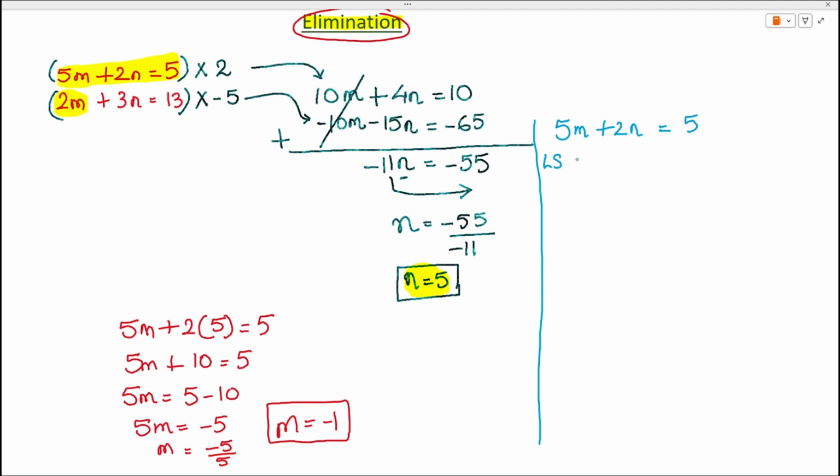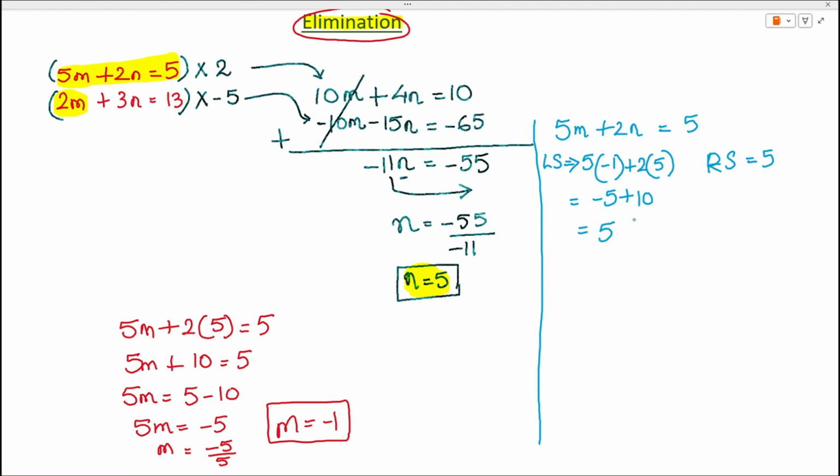So we have 5 times negative 1 plus 2 times 5, and this is equal to negative 5 plus 10, which is 5. Our left hand side we got as 5, and the right hand side is already 5. So the values of m and n we calculated by using elimination satisfy our equation number 1.